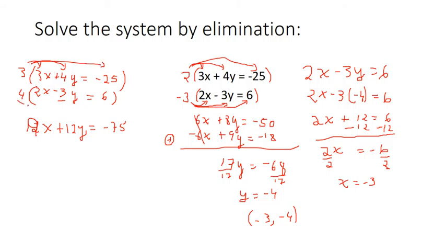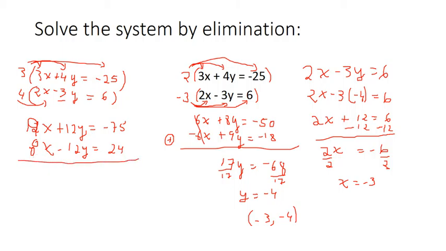The bottom one, I'm going to end up 4 times 2 gives you 8x. 4 times negative 3 is going to give you negative 12y. And 4 times 6 is going to give you 24.